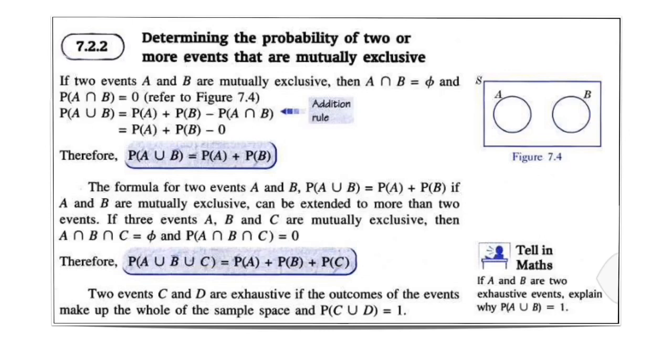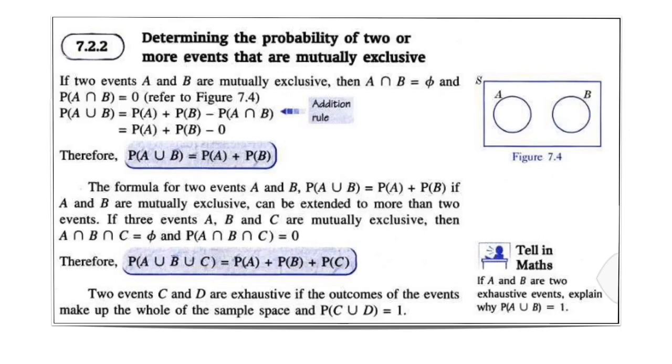We will also discuss the probability of three events. Probability of A union B union C is equal to probability of event A plus probability of event B plus probability of event C.